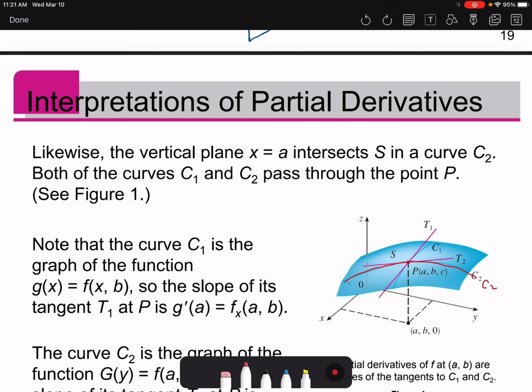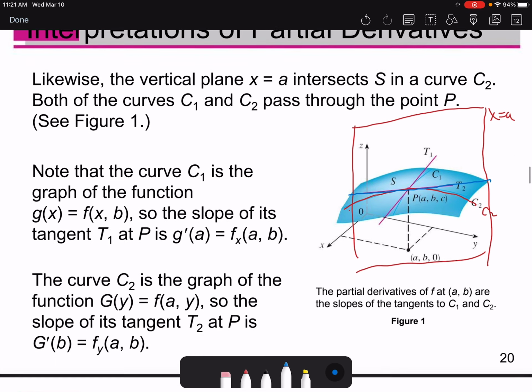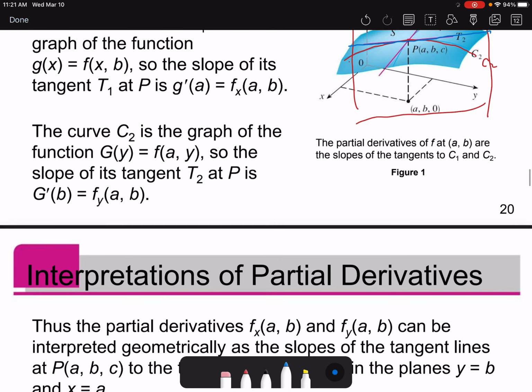We look at this plane, x equal to a, intersecting with the surface. So you have an intersection, which is the slope of the tangent line of the curve C1 at the point (a, b). And then the first derivative with respect to y at the point is simply the slope of the tangent line on that plane, x equal to a. So that's pretty much the interpretation.